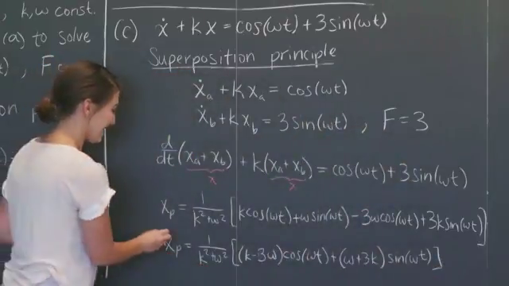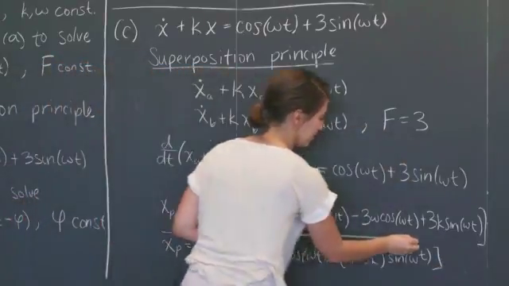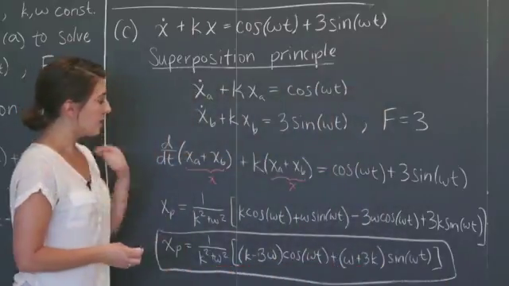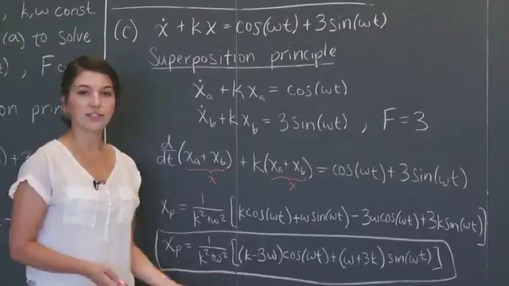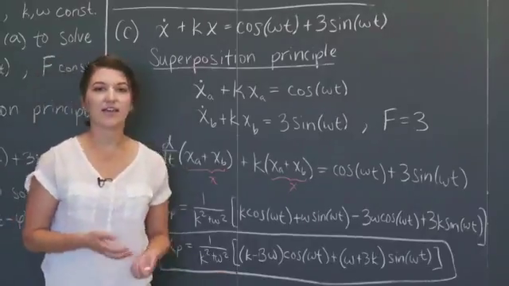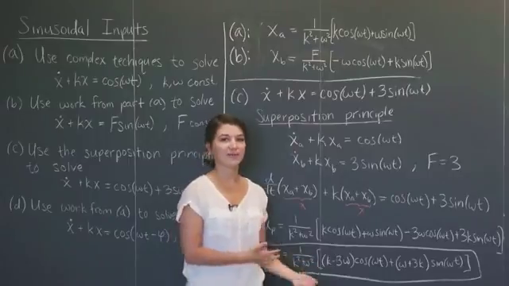Okay, so this is the particular solution to the differential equation in part C. And notice that, again, it's a linear combination of cosines and sines. So now we're going to move on to part D, and I'll let you work on that before I come back and we go through it together.